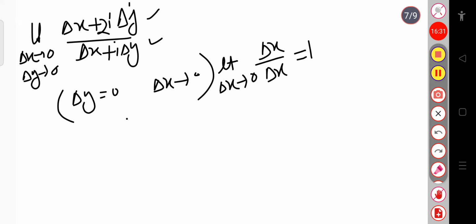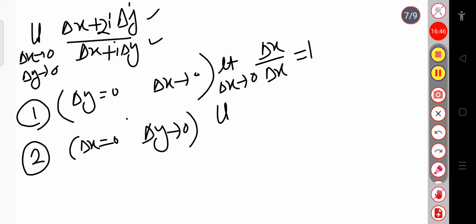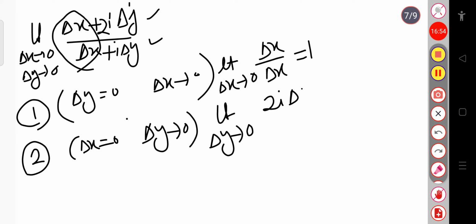In the second case, delta x equal to 0 and delta y tends to 0. Then this will be 2i delta y divided by i delta y, so delta y gets cancelled and the remaining term is 2.